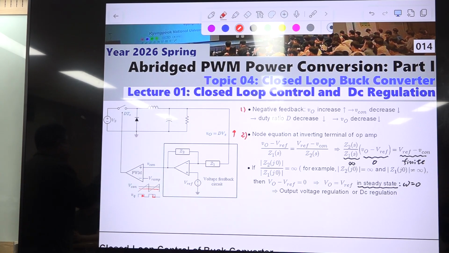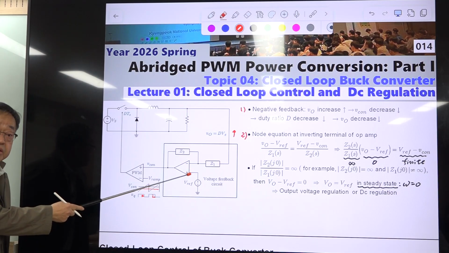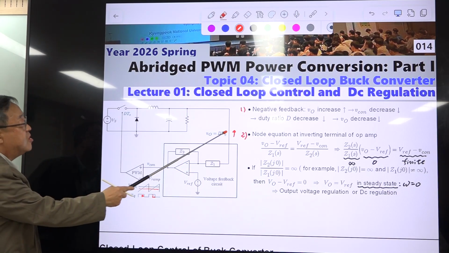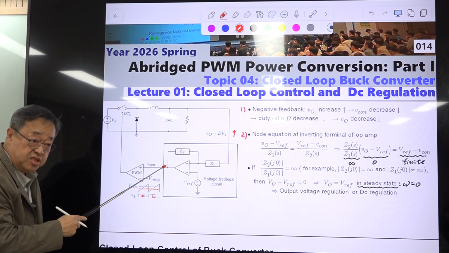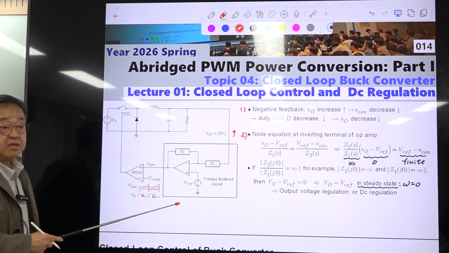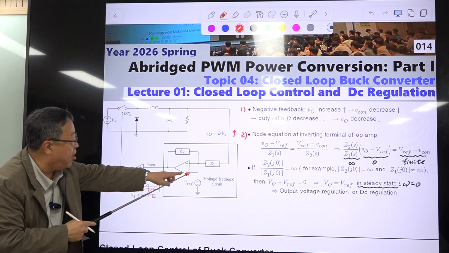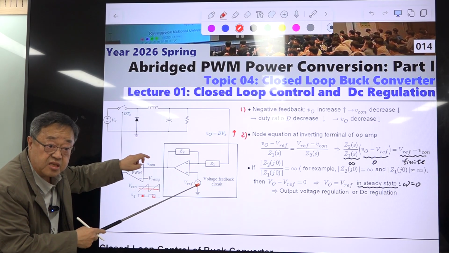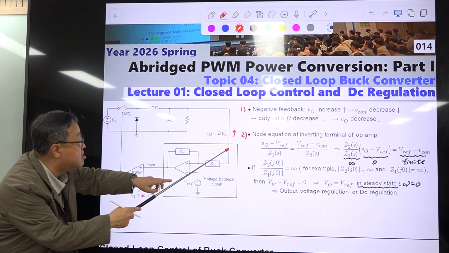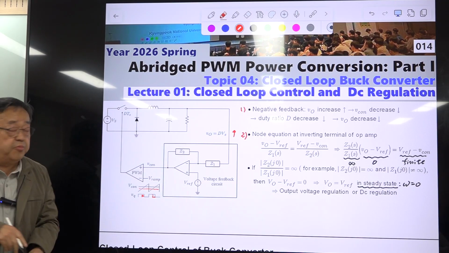That is only the limited purpose of this minus sign. More important is that if this voltage is increased, then this voltage is decreasing. If you apply some voltage here and it is increased, then the output will be increased. Here, if this voltage is increased, then the output voltage, which is the control voltage, will be decreased.